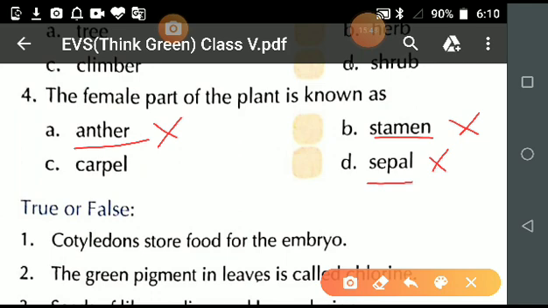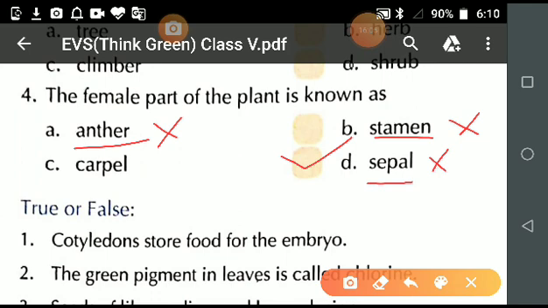Now carpel, yes, this is the right answer. There are four parts of the flower. Is it clear? Sepal, petal, stamen and carpel.